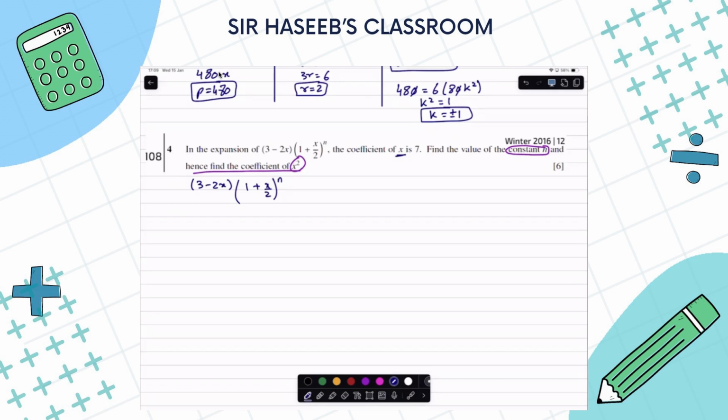That if we are trying to find out the coefficient of x, what do we need? We need to multiply this here with the x coefficient. Agreed? And this with a constant term. Agreed? Yes. So I need two terms in here. 3 minus 2x. I need the first two terms. The first term is going to be 1 power n plus nC1 into x upon 2 power 1.